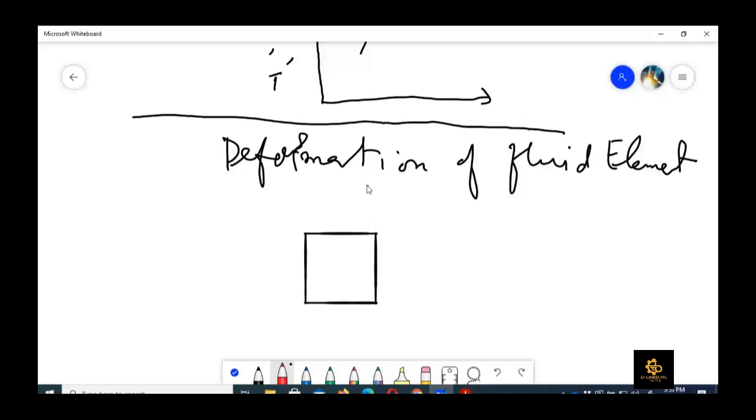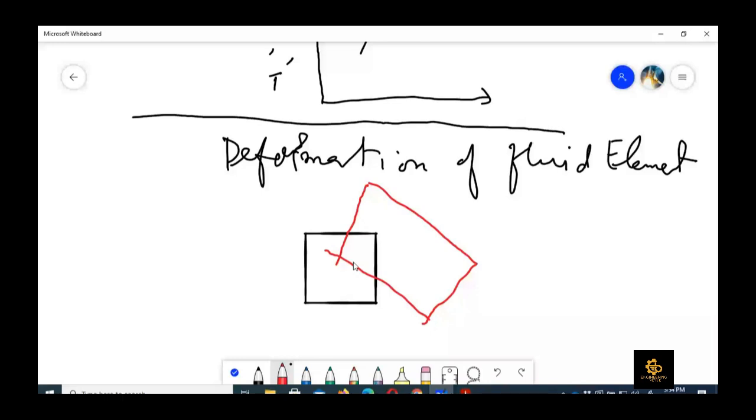Maybe it would have something like this shape. It means that after time delta t, after traveling some distance here, it would have some kind of change in its shape and volume as well as orientation.